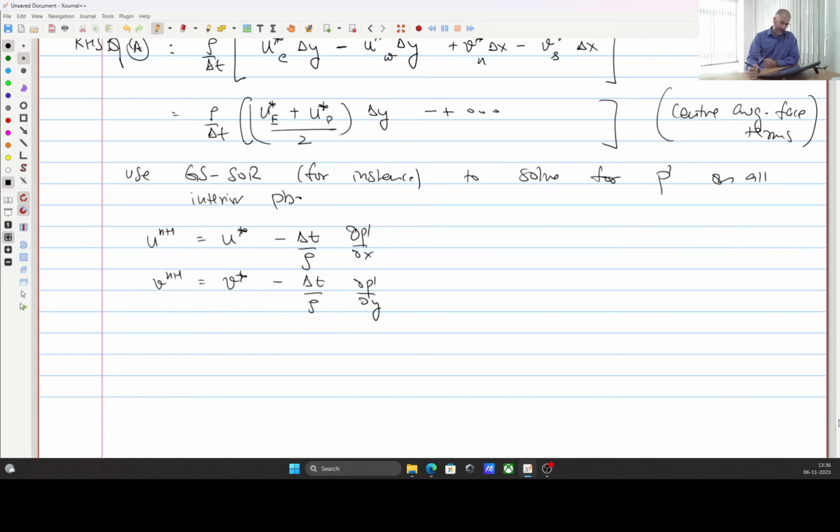Okay, so we can define this. I'll just write it down because that is typically what is done. If you look at some commercial code, they'll be solving for p prime times delta t by rho. So that confusion has to go away.